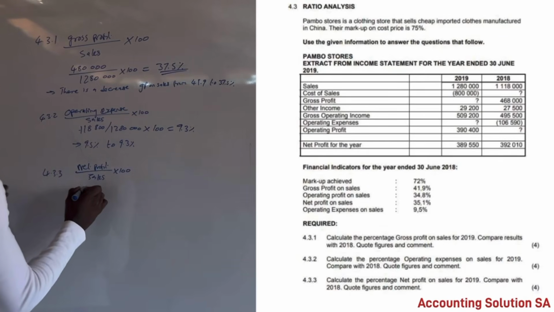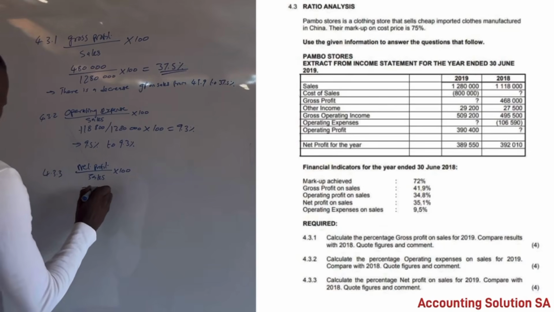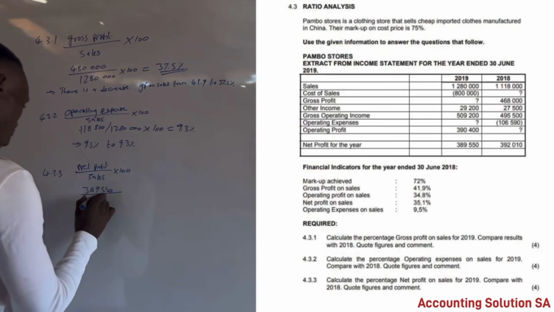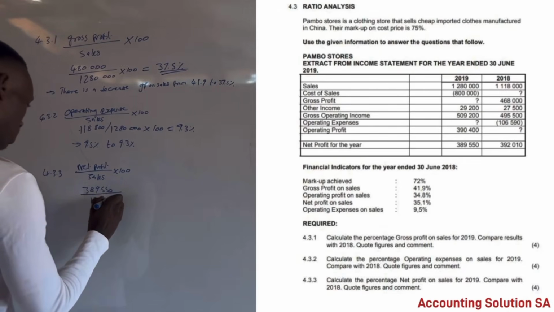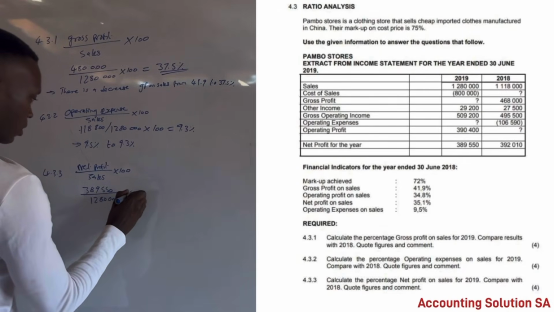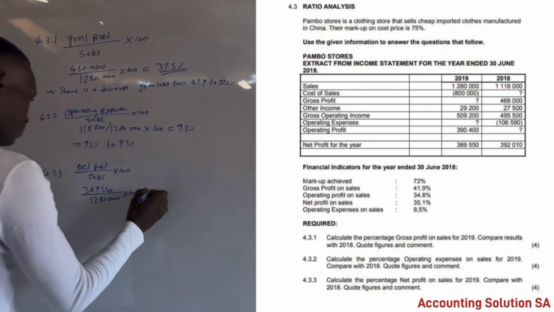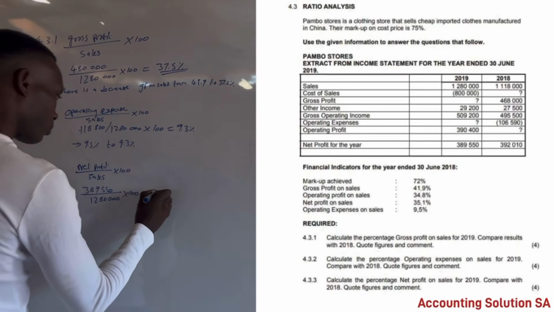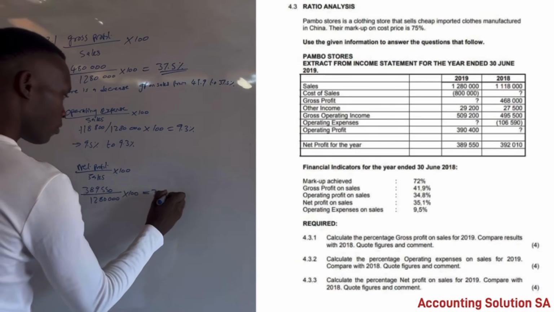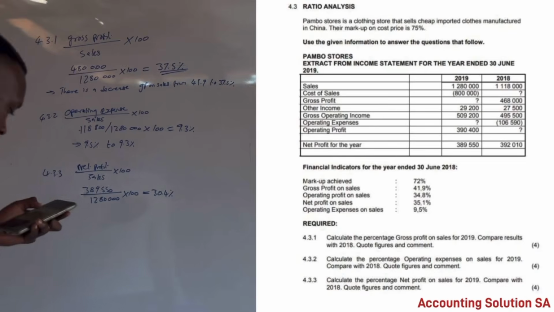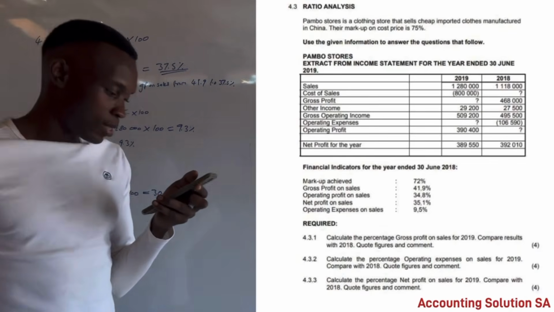Then our net profit is 389,550 divided by sales of 1,280,000 multiplied by 100, which is equal to 30.4%.